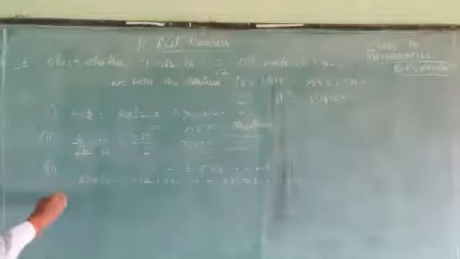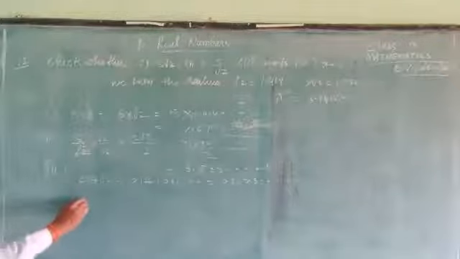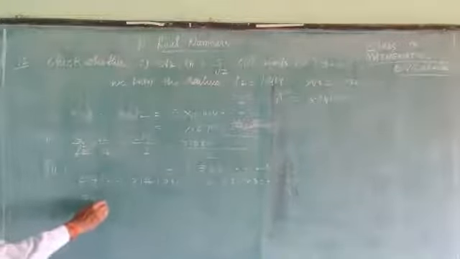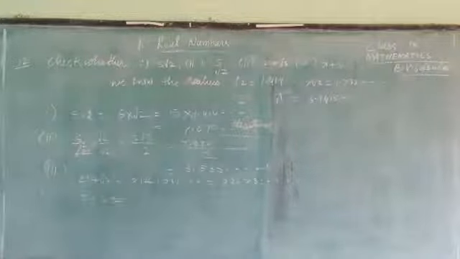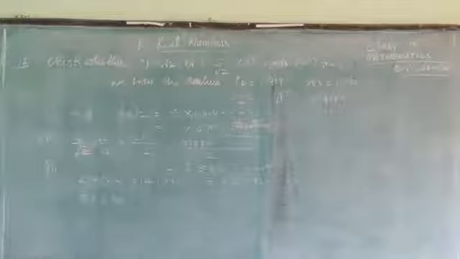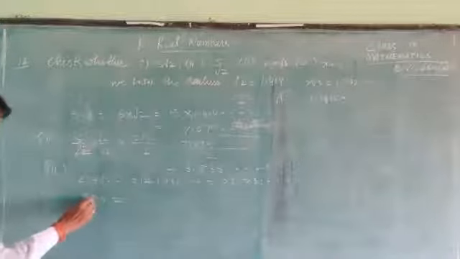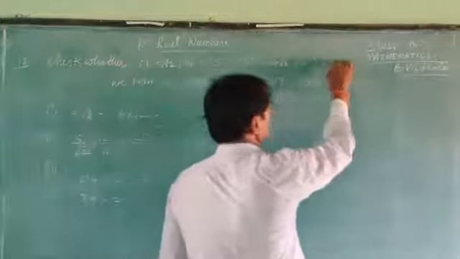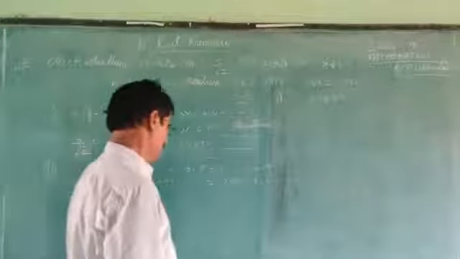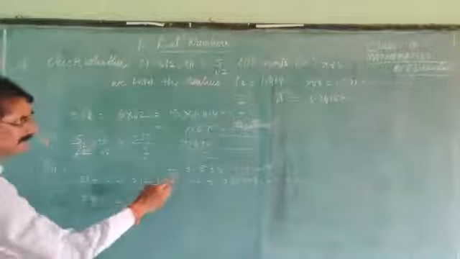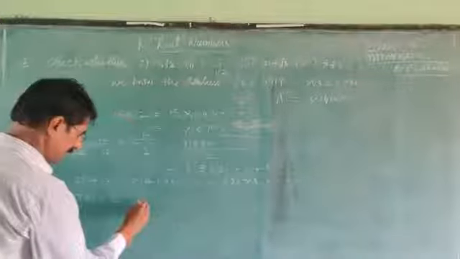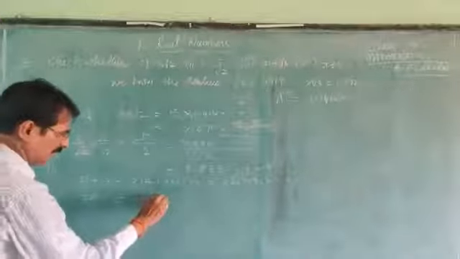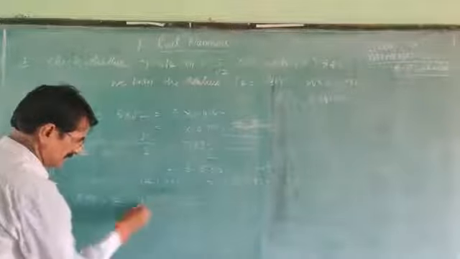And the last one, pi by 3. We can write it as pi divided by 3. The pi value is already known, 3.1415 and so on, divided by 3.